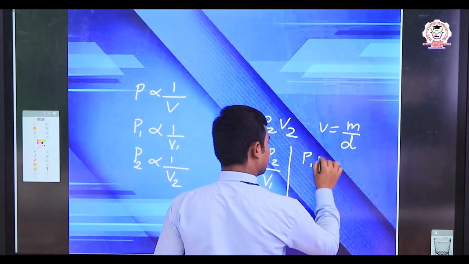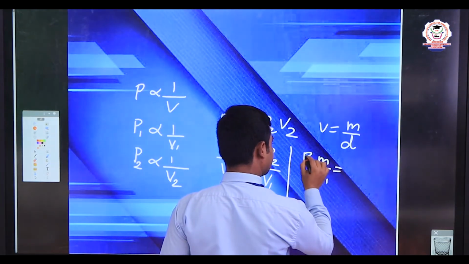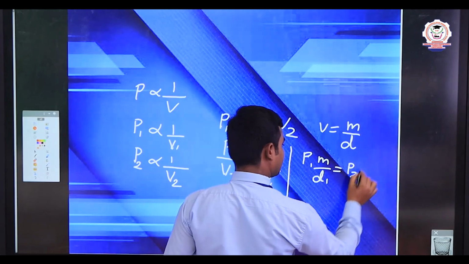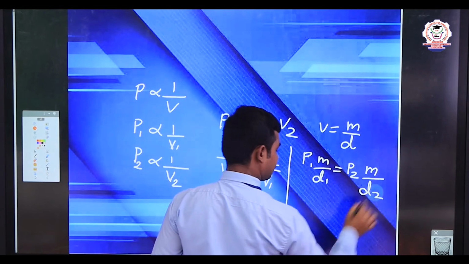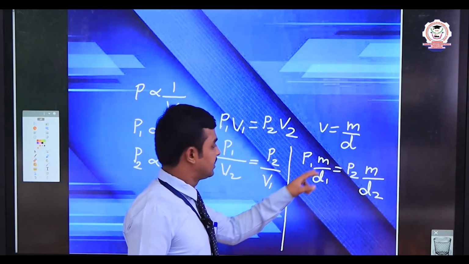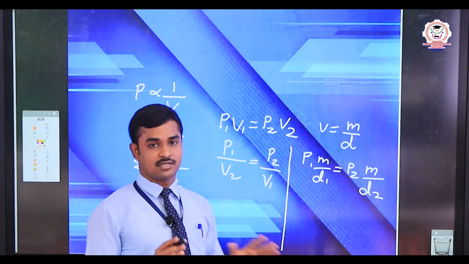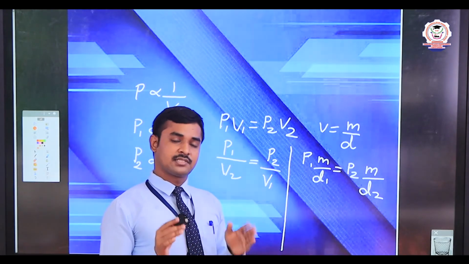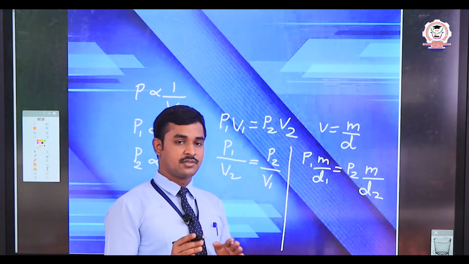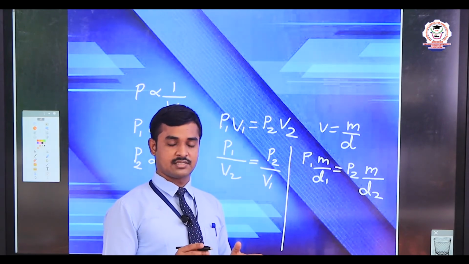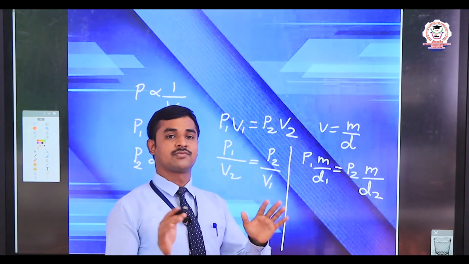P1 m divided by d1 equal to P2 m divided by d2. Here I do not write m1 m2 because the mass m is constant, because the pressure only changes the volume of the gas, but does not change the mass of the gas. Whether the volume is lower or higher, the mass will be the same.